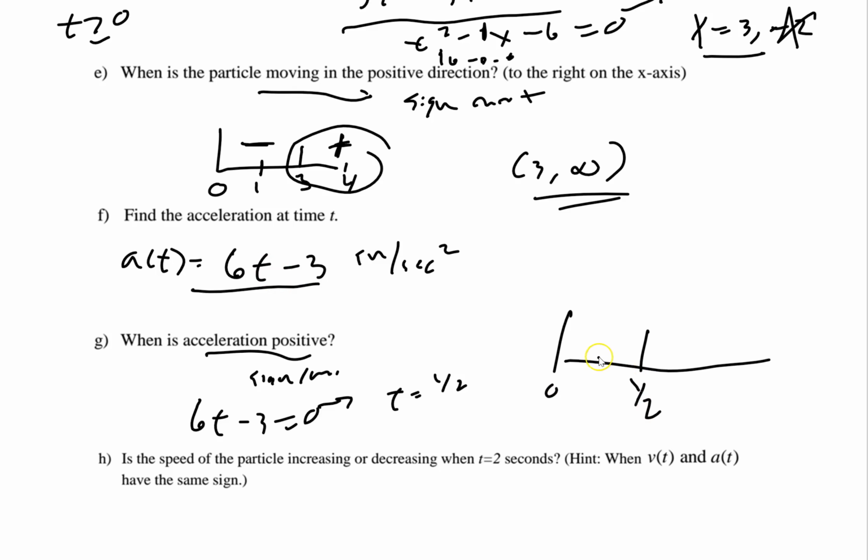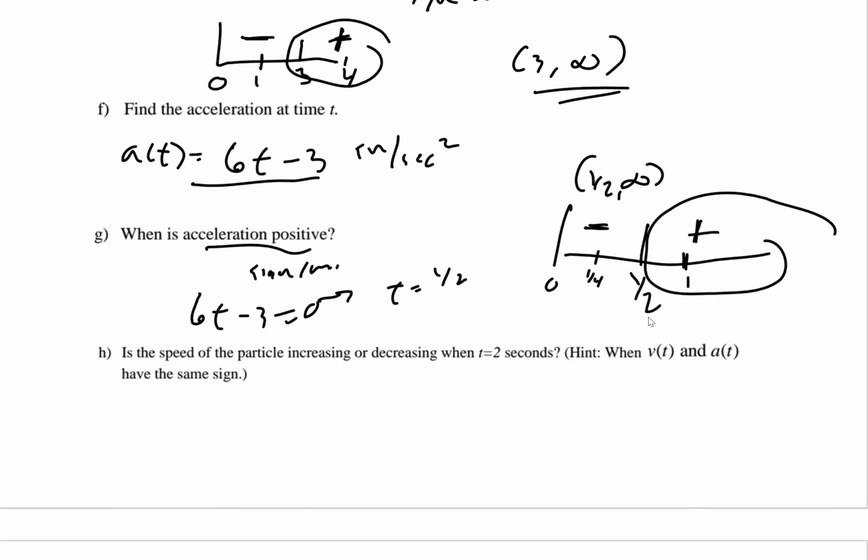Let's say I plug in 1/4. 1/4 times 6 is 1.5, and 1.5 minus 3 is a negative. Then pick something here, a lot easier, like 1. I get 6 minus 3, which is a positive. Acceleration is positive over here, from 1/2 to infinity.